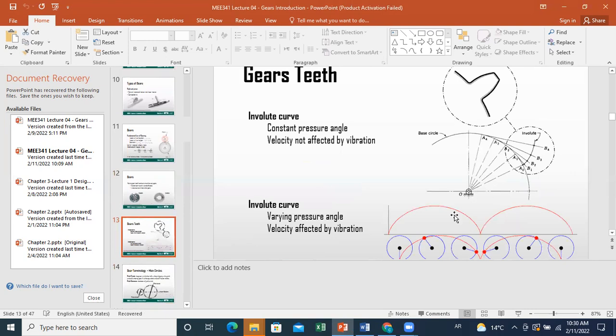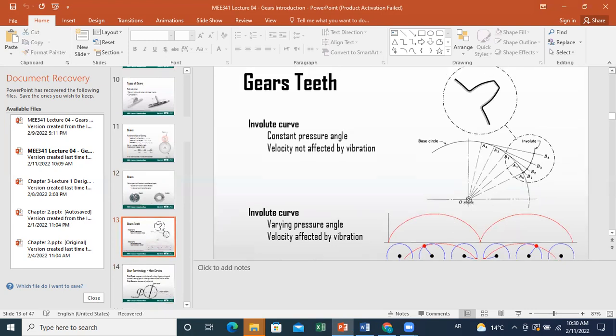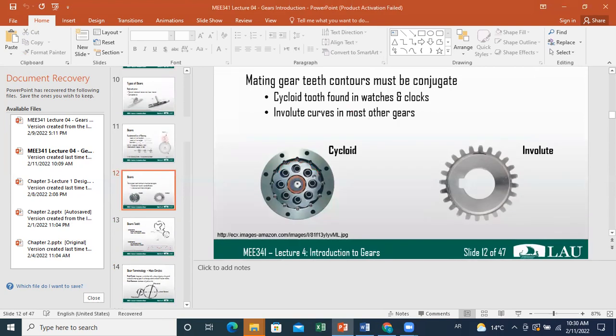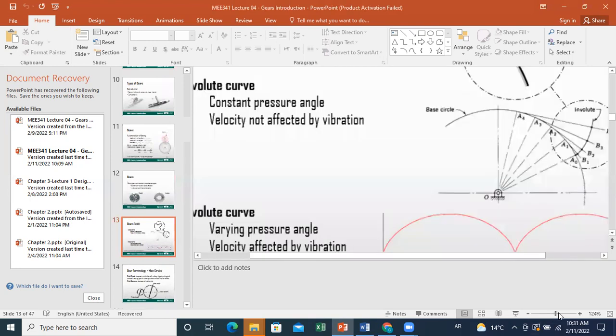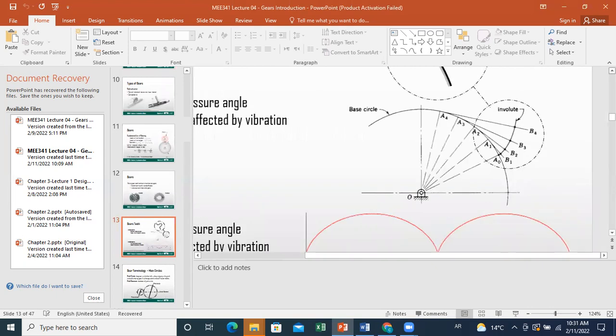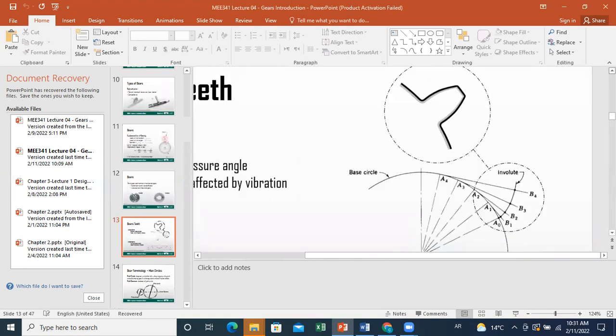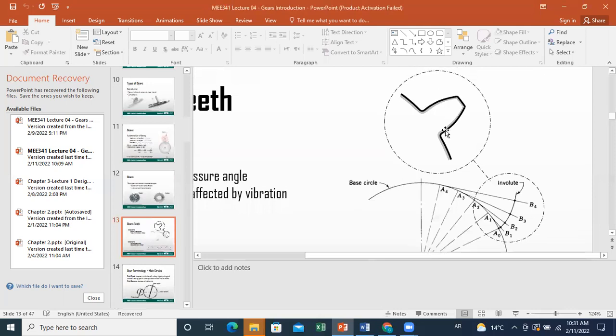In the following diagram, let me zoom in a little bit, we are illustrating the shape of an involute curve. It's designed in a way, as we'll see together, that the force will be transmitted in a direction that is normal to the contact between two teeth that are in contact with each other.